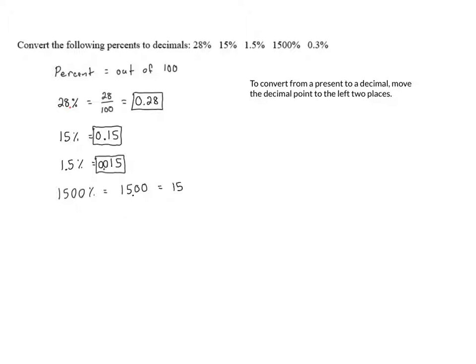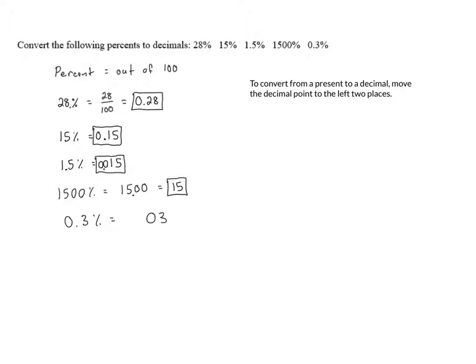They don't add any value to the number. So in this case, 1500% is equal to 15. Anything that's over 100% is more than a whole, and so it's going to be more than the number 1. So anything less than 100% is going to be less than 1, and anything more than 100% is going to be more than 1. We have one more example to look at here, 0.3%.